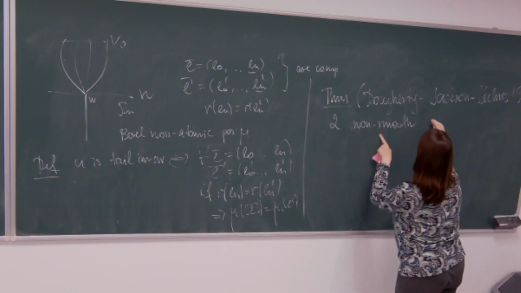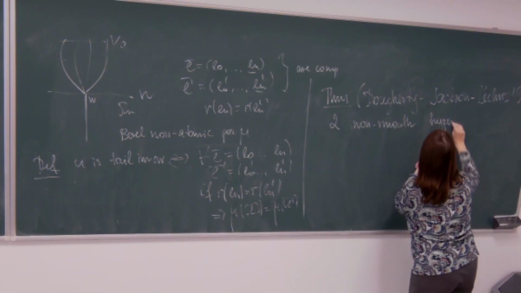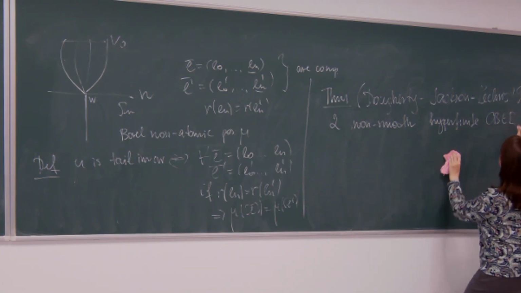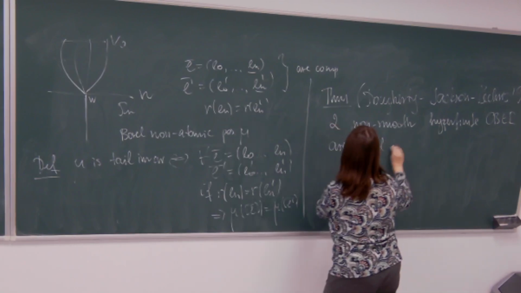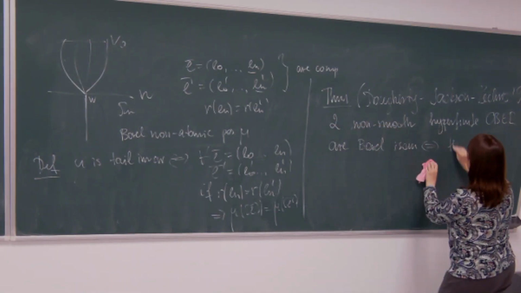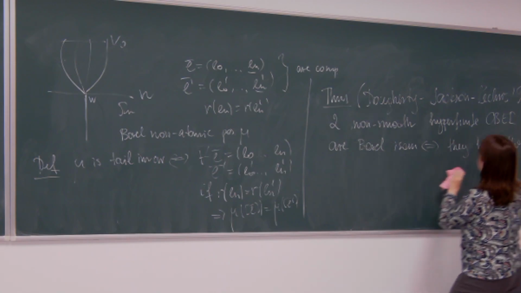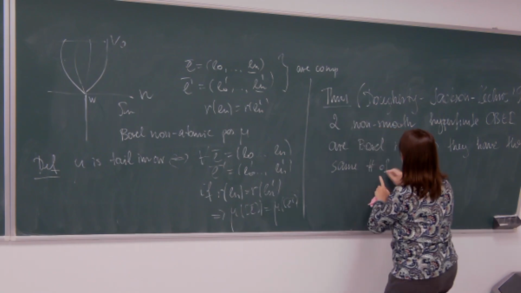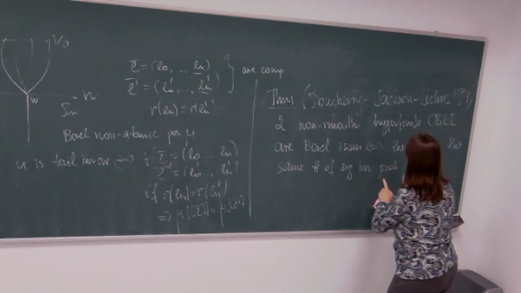So two non-smooth hyperfinite countable Borel equivalence relations are isomorphic if and only if they have the same number of ergodic invariant probability measures.